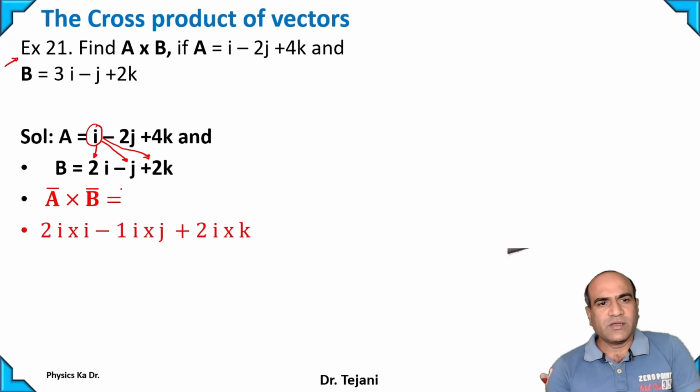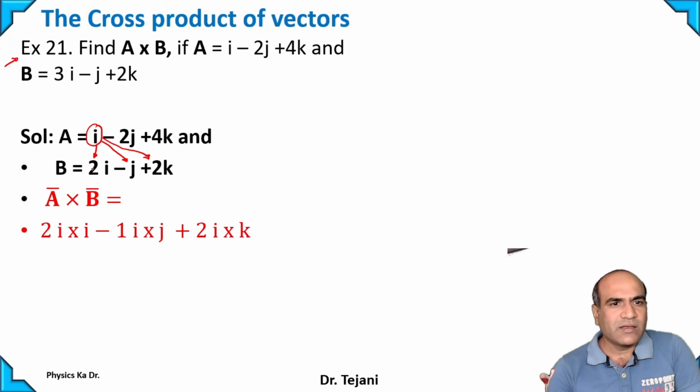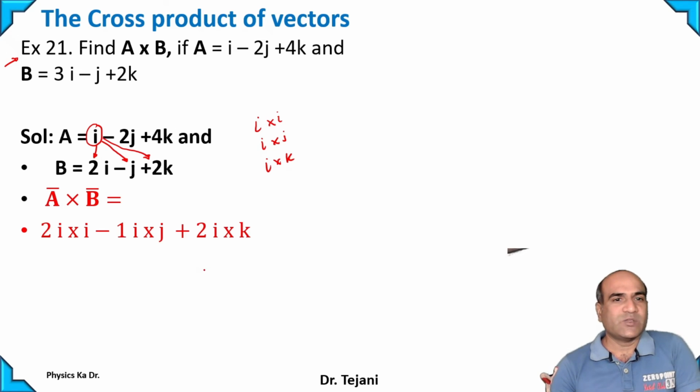So for A cross B, the first one is i multiplied by 2i, that becomes 2 i cross i. Second is i multiplied by minus j, so minus 1 i cross j, and then i cross k. See, the sequence is very much important.